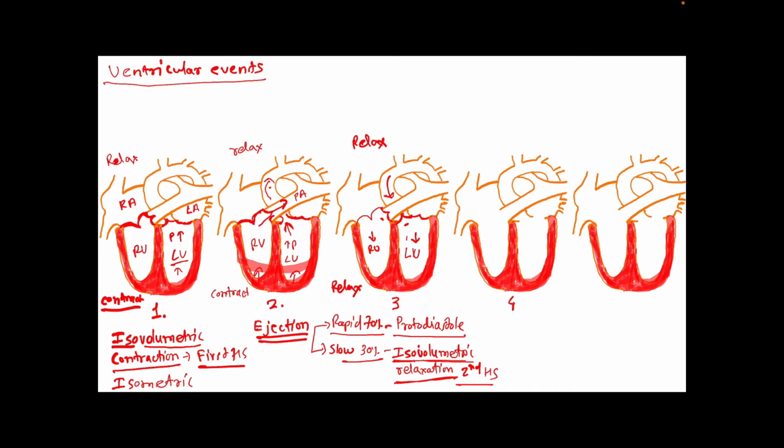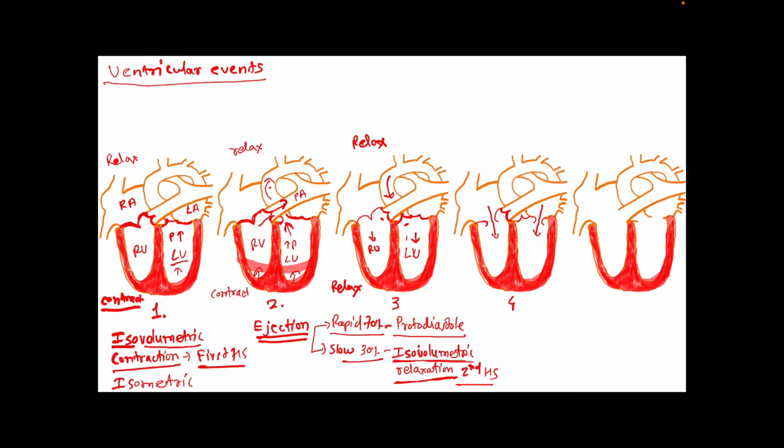Due to the increase in pressure inside the atria, which is now more than in the ventricles, the atrioventricular valves will open, and blood will flow from the atrium into the ventricle. The semilunar valves will be in a closed position.